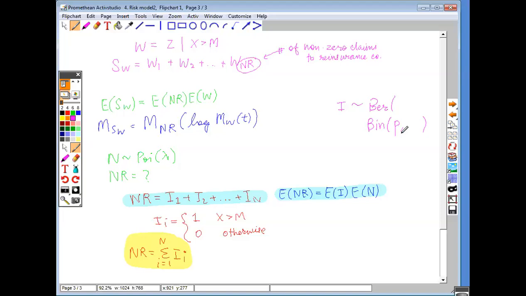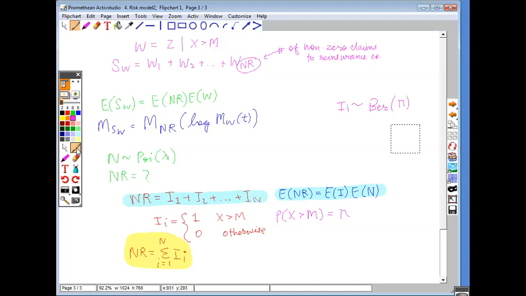So what I meant by this I was only one particular I. Let us say that the probability that I observe my x value greater than m is defined by pi. So I will have my I following Bernoulli with pi, right? Does this make sense? Now I can easily figure out the expectation for my I variable.